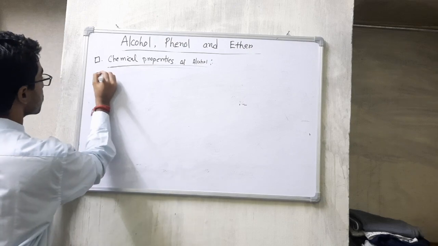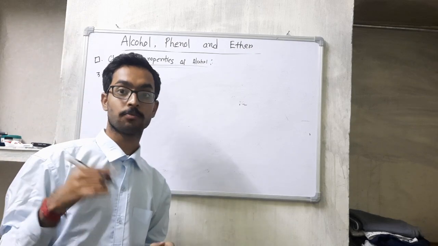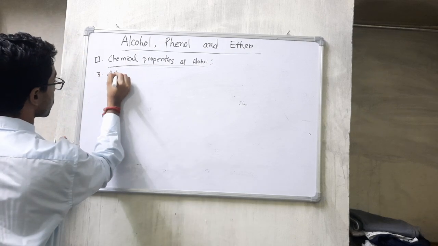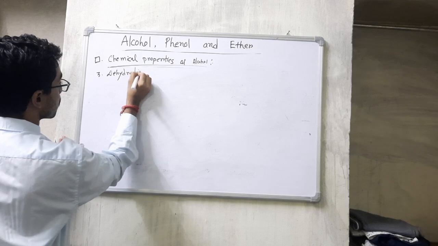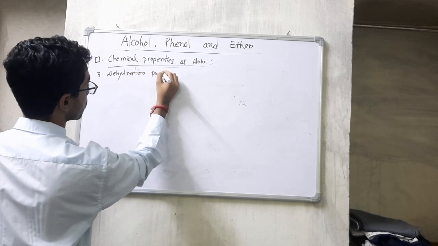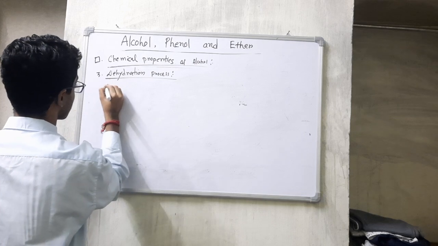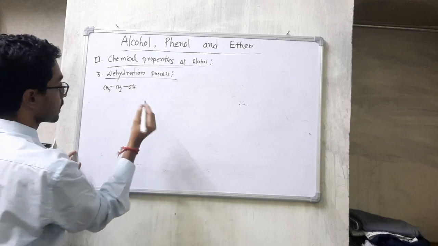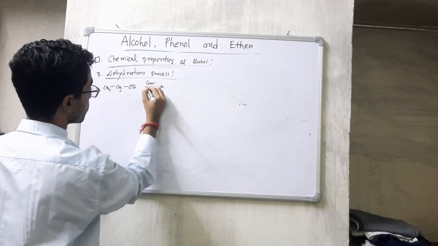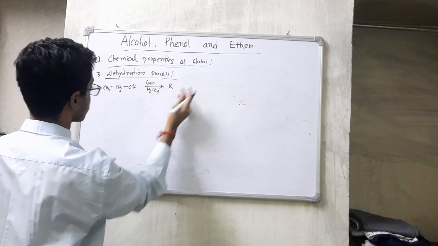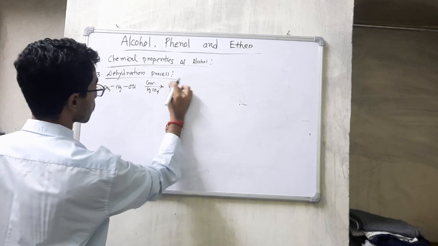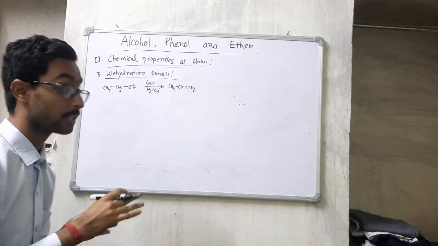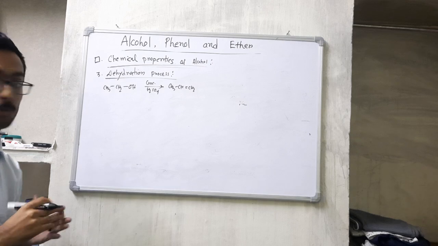Number three: in the preparation of alcohol we get the hydration process; here we get the dehydration process. What is the dehydration process? If ethanol, RCH2CH2OH, is treated with concentrated H2SO4, then we get the corresponding alkene, ethylene. This is the opposite of hydration. Hydration means adding water; dehydration, D means out, elimination of water.